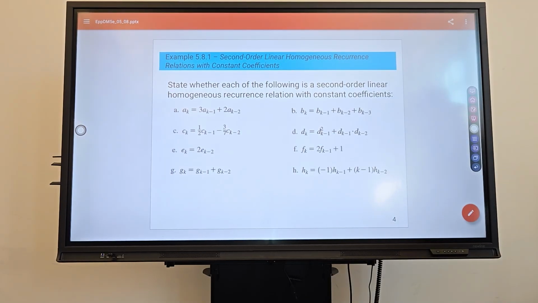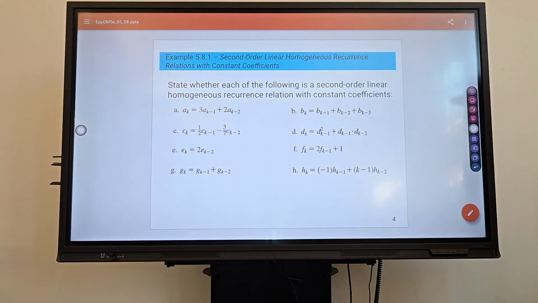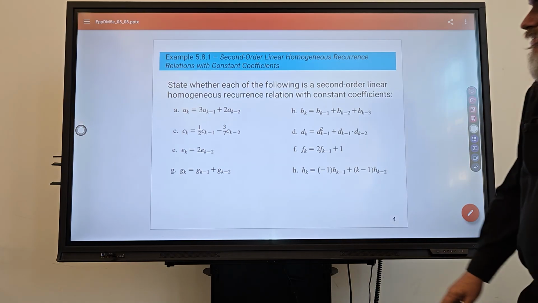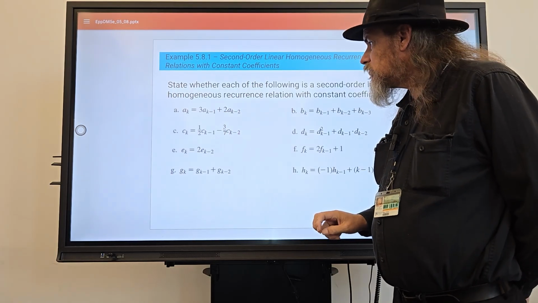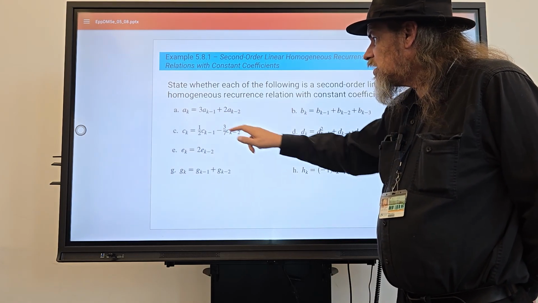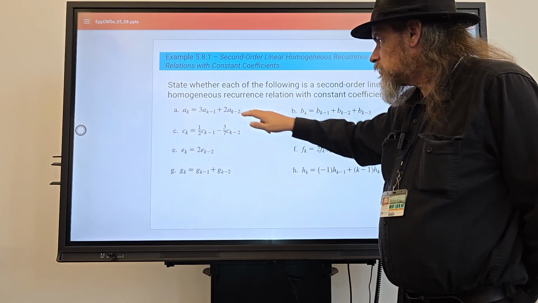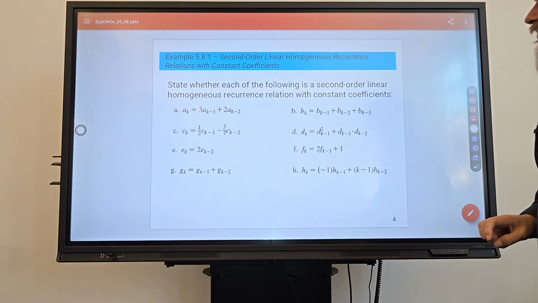So, which of the following is a second order linear homogeneous recurrence relation with constant coefficients? Well, this one satisfies that because a and b are both integers, and a sub k minus 1 and a sub k minus 2.